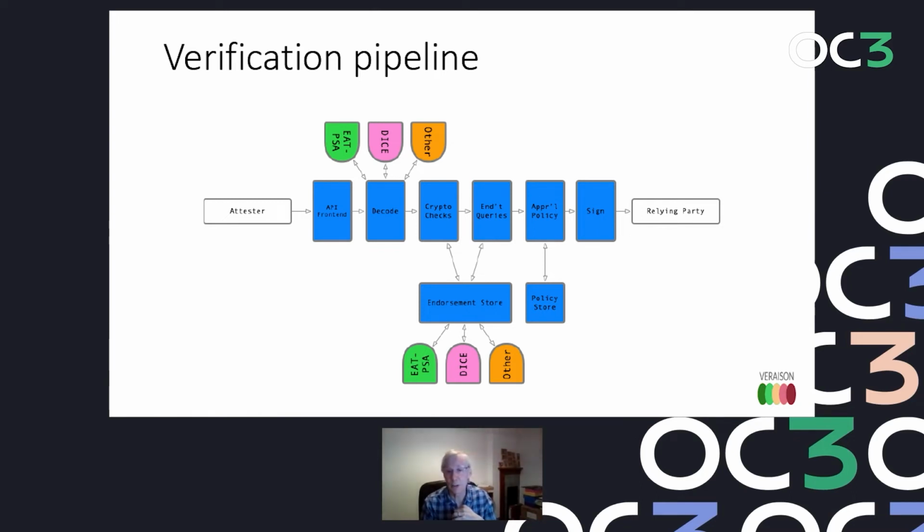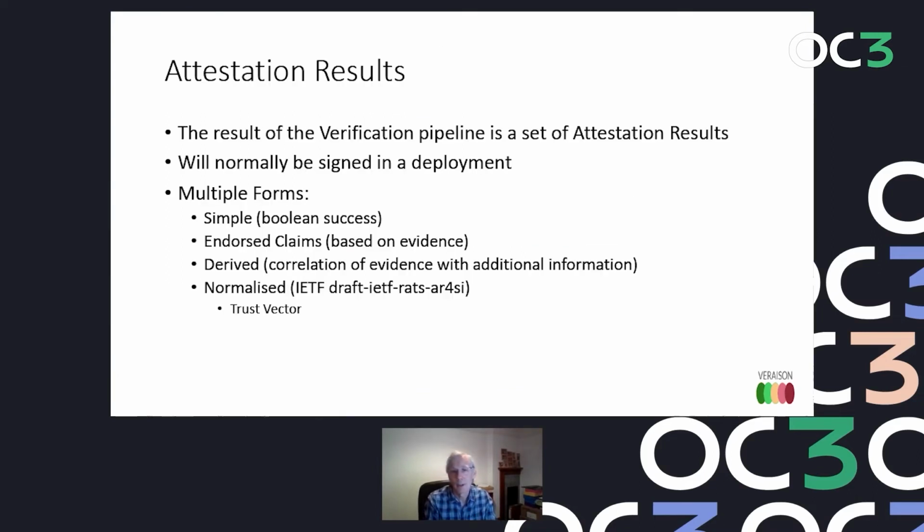There's also a policy step, which I'll talk more about in a moment. The attestation results can come in various forms. The conversation, if you like, is that the relying party is someone who has interacted with an attester and got an attestation token. They submitted that to a verifier, and they need some results.